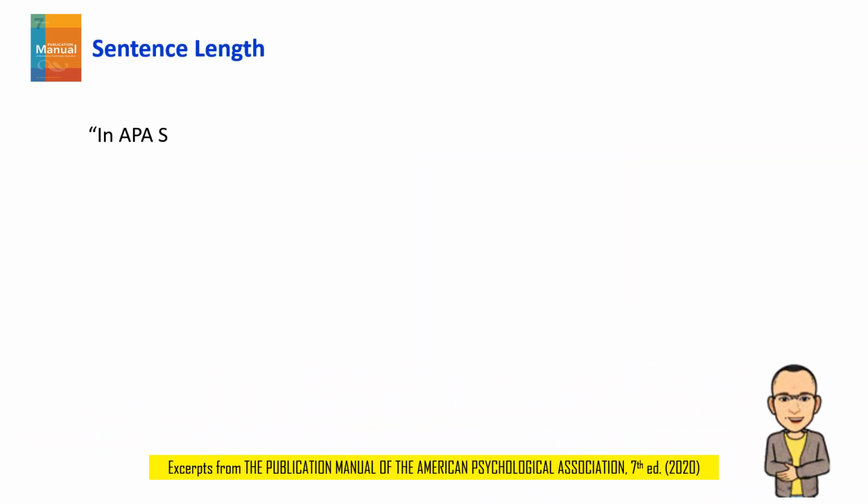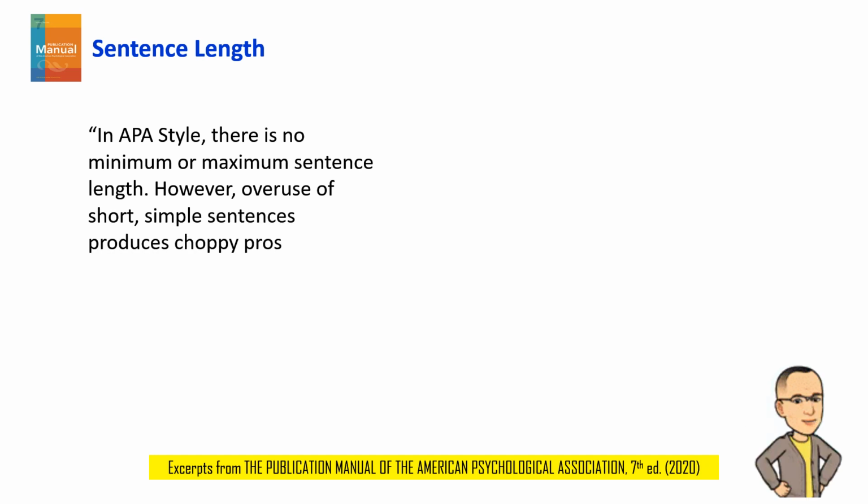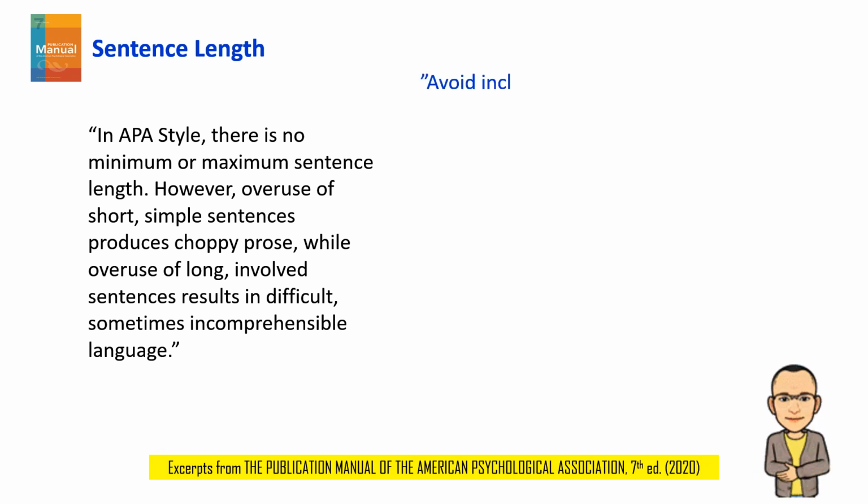Sentence length. In APA style, there is no minimum or maximum sentence length. However, overuse of short, simple sentences produces choppy prose, while overuse of long, involved sentences results in difficult, sometimes incomprehensible language. It's advised to avoid including multiple ideas in a single sentence.